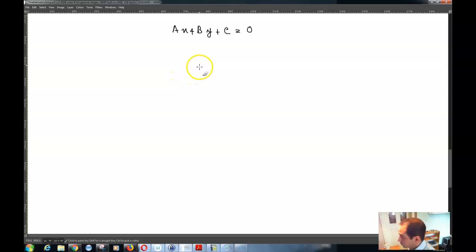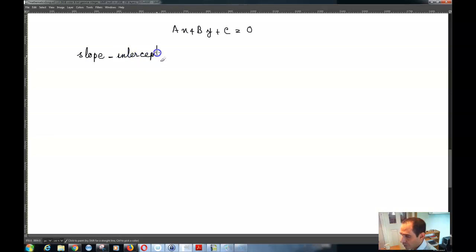For example, there is one form which is called the slope-intercept form, which we have worked with while we were doing the exercises.